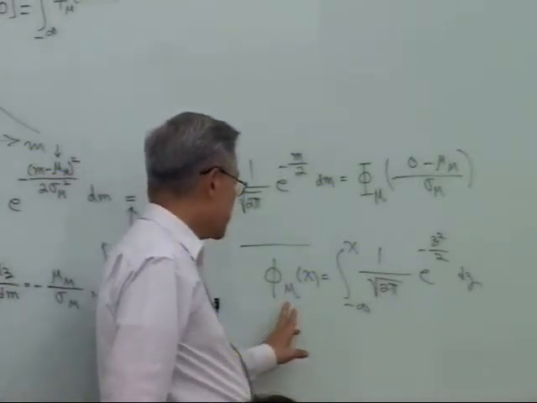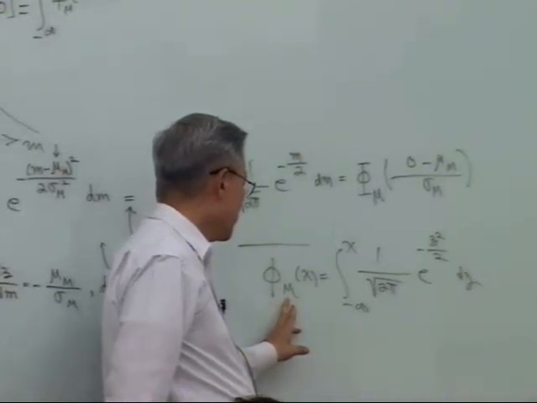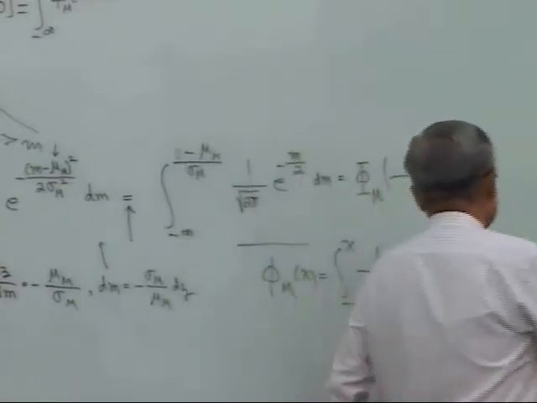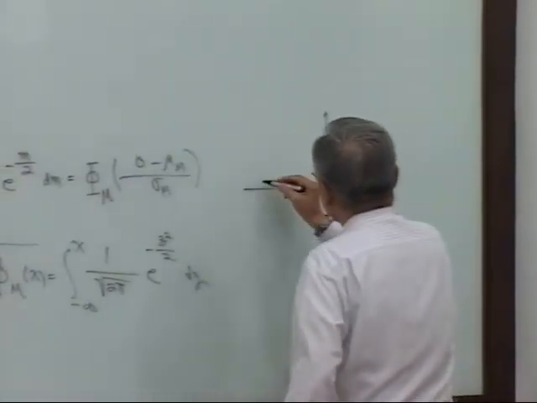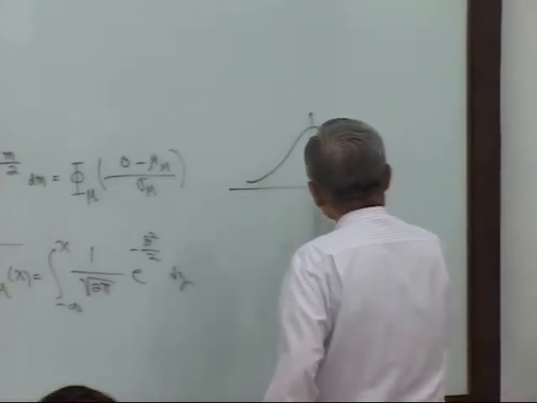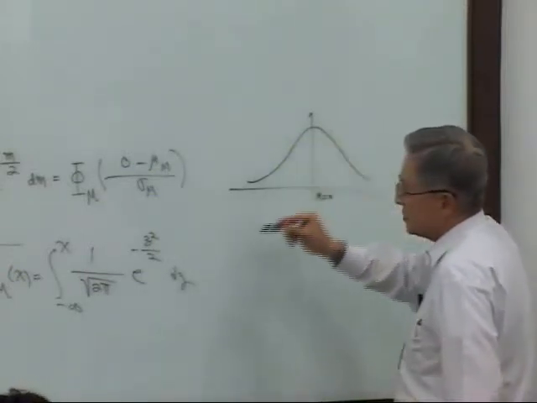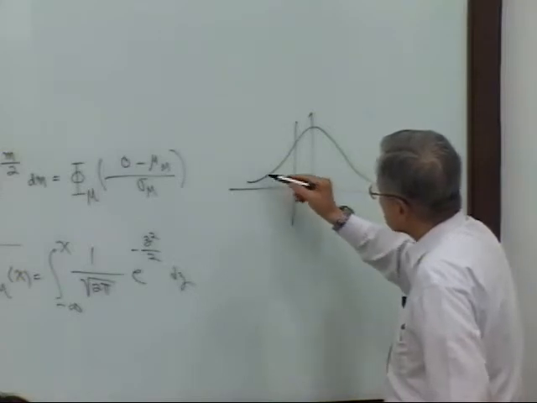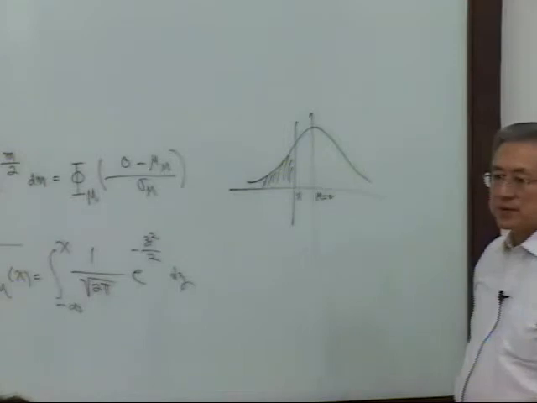So this is the standard form of the normal distribution. Standard form really means the mean is equal to 0, and then it has a standard deviation. Phi(x) is the area up to that point.